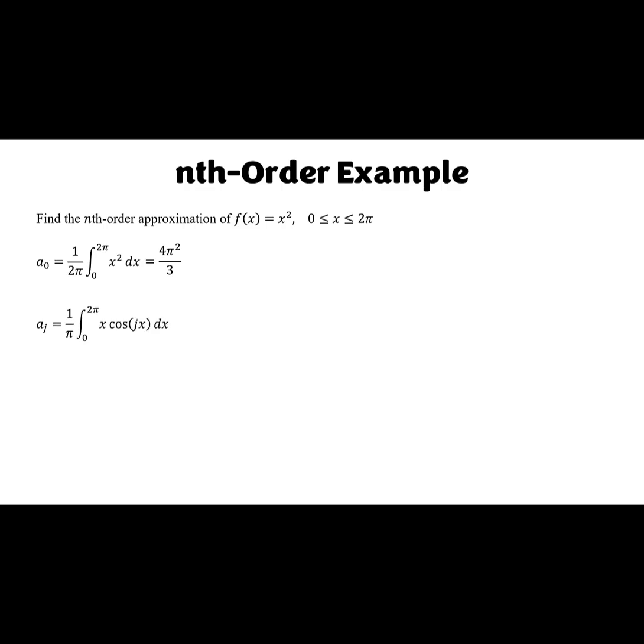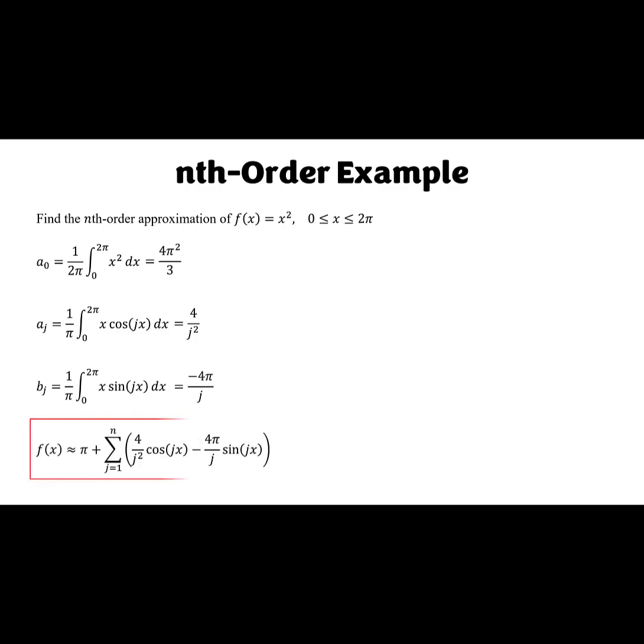And the other ones, you want to use a calculator. Right, so same thing here as usual. Instead of doing a1, a2, a3, and so on, just do aj, where j is a positive integer, and use a calculator. Instead of cosine of 1x, 2x, 3x, just put j in there. And you get 4 over j squared. And likewise with bj, the coefficients in front of sine, you get negative 4 pi over j.